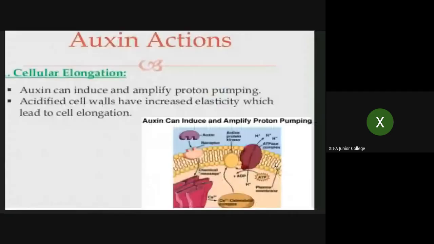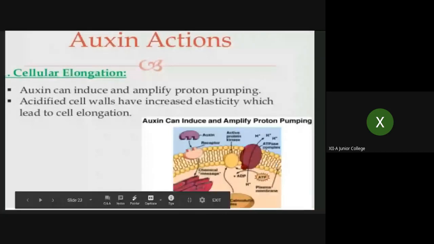Now we will see the applications of auxin, how it works in the growth of plants. First, that is cellular elongation. Auxin can induce and amplify proton pumping, where acidified cell walls have increased elasticity, which leads to cell elongation. In a simple way, remember yesterday we discussed the three stages: cell division, cell elongation, and cell maturation.